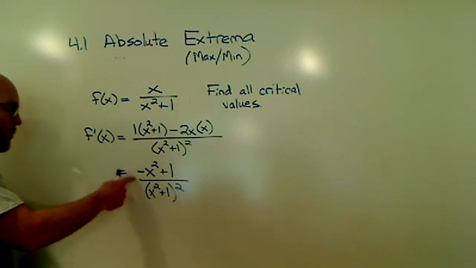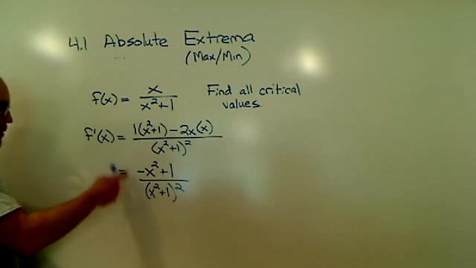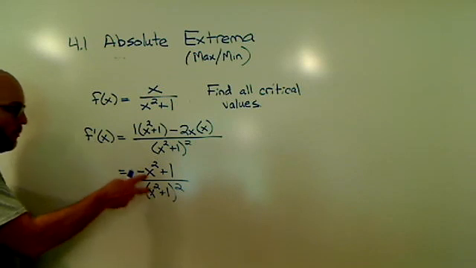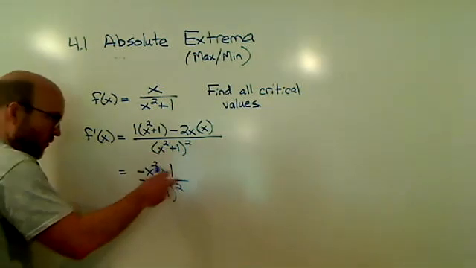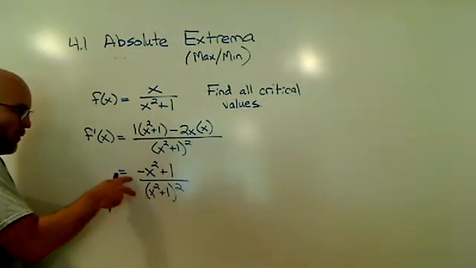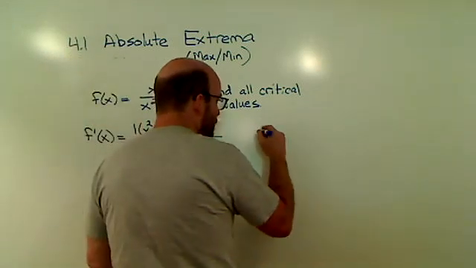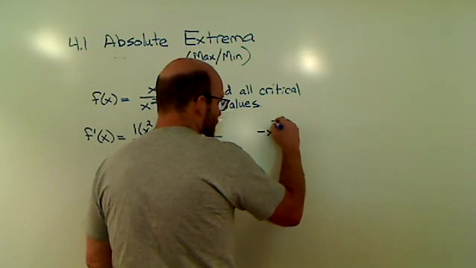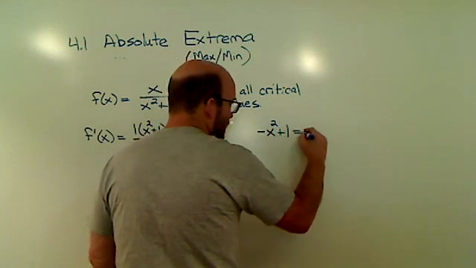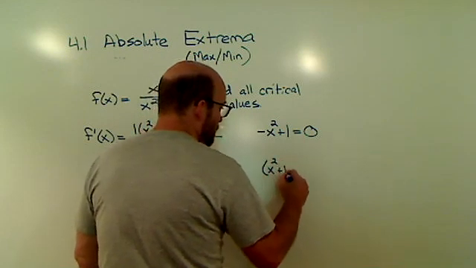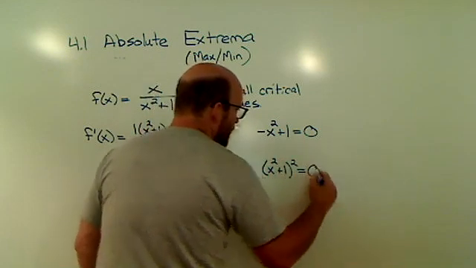So anytime your derivative is one fraction, not just your fraction and something else, but if your derivative is just one fraction, all you're doing is literally setting both pieces equal to 0. So either negative x squared plus 1 is equal to 0, or the denominator x squared plus 1 squared is equal to 0.